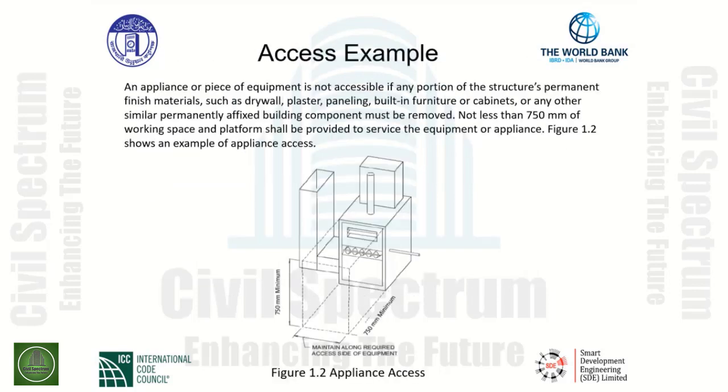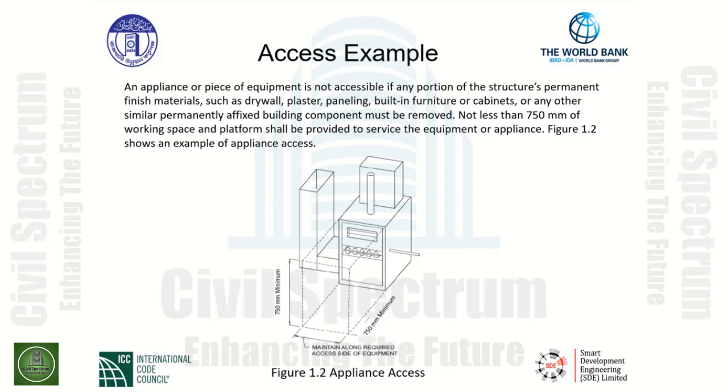An access example is indicated below. An appliance or piece of equipment is not accessible if any portion of the structure's permanent finish materials, such as drywall, plaster, paneling, built-in furniture or cabinets, or any other similar permanently affixed building component, must be removed.